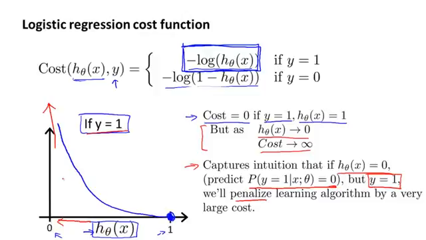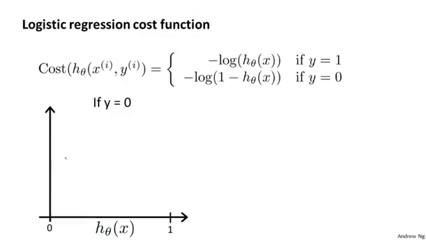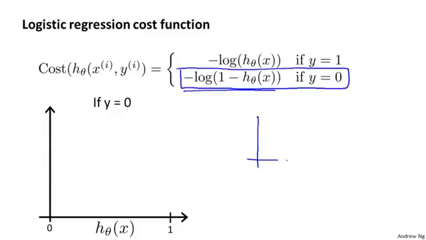This slide considered the case of y equals 1. Let's look at what the cost function looks like for y equals 0. If y is equal to 0, then the cost looks like this expression over here. And if you plot the function minus log 1 minus z, the cost function actually looks like this. So it goes from 0 to 1, something like that.